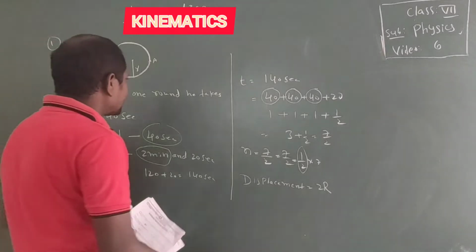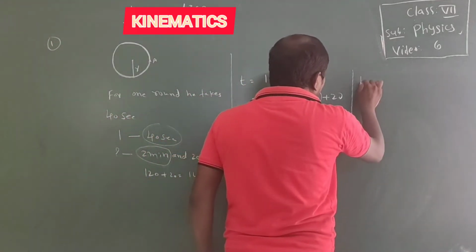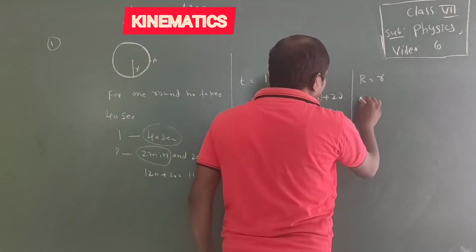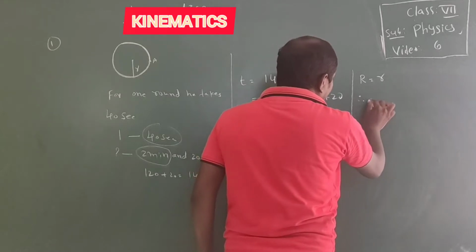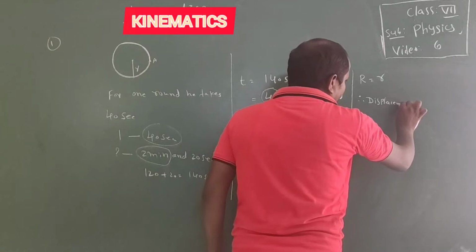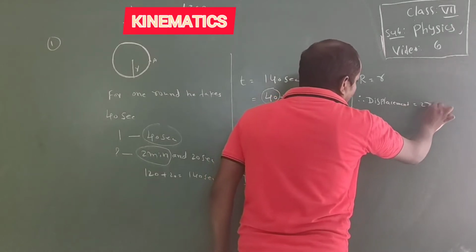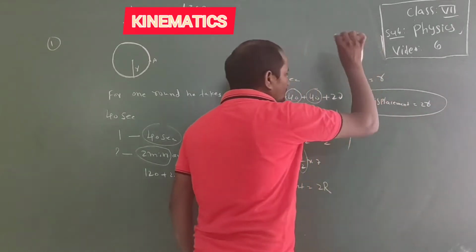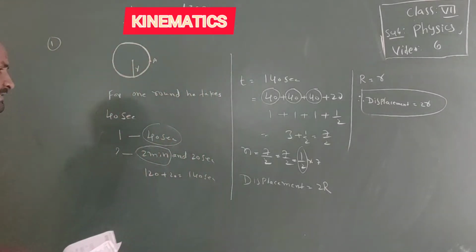Here r is given, capital R, radius equals small r. Therefore, displacement equals 2r. Okay. Next one, the second one.